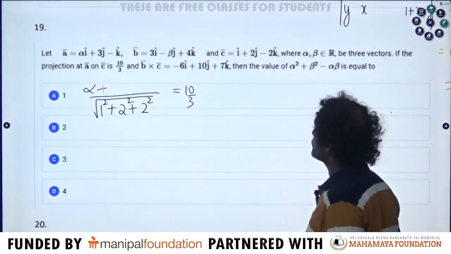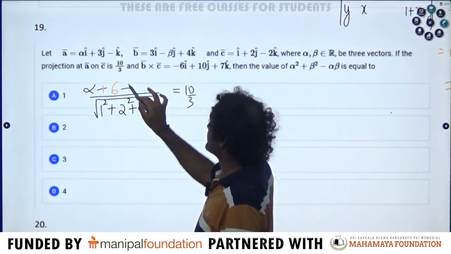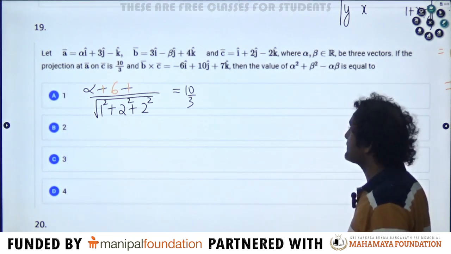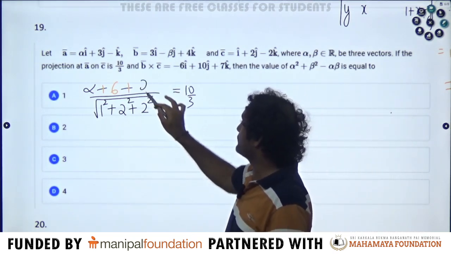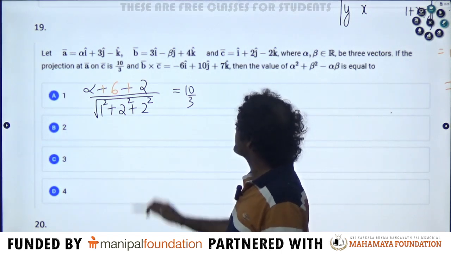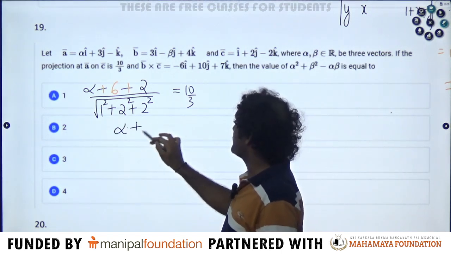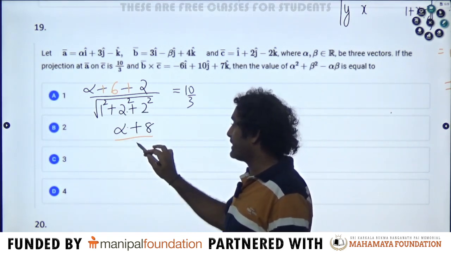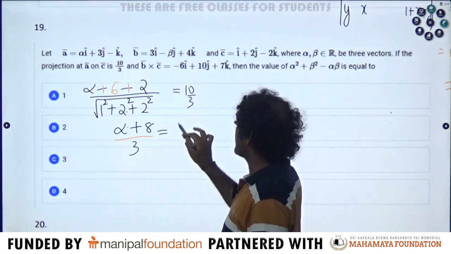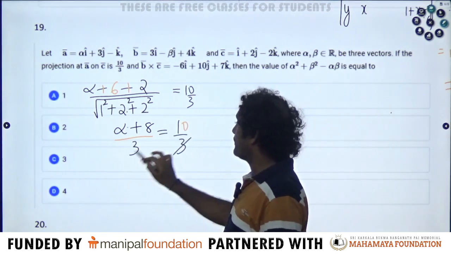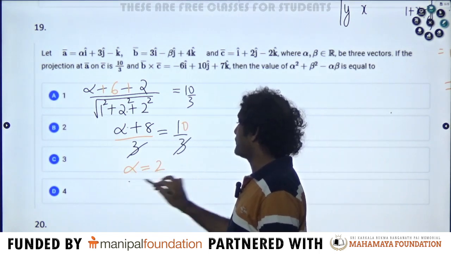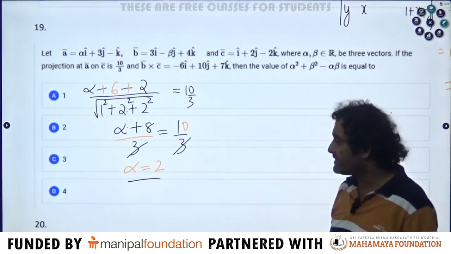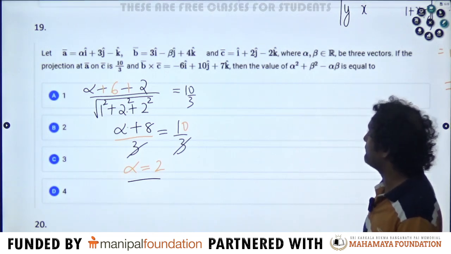Here 3j and here 2j, 3 into 2 is 6. And minus k and minus 2k, so minus 1 into minus 2 is 2. So alpha plus 8 divided by 4 plus 4 plus 1, 9, square root is 3. Alpha plus 8 is 10, so alpha should be 2.